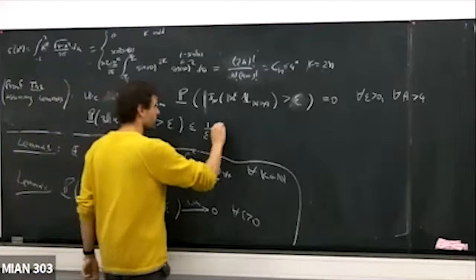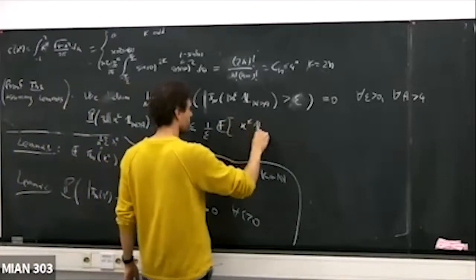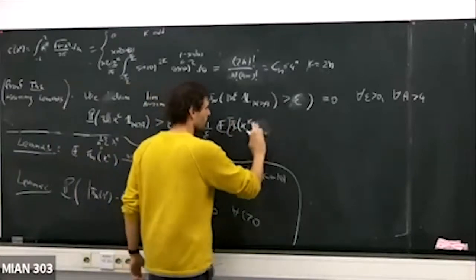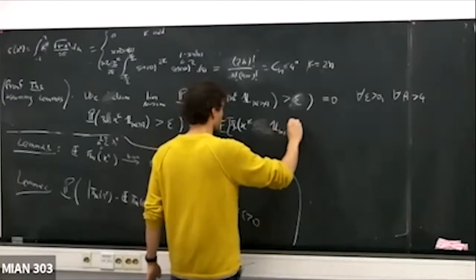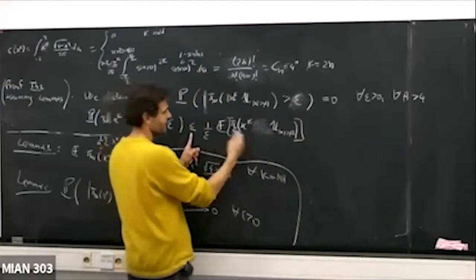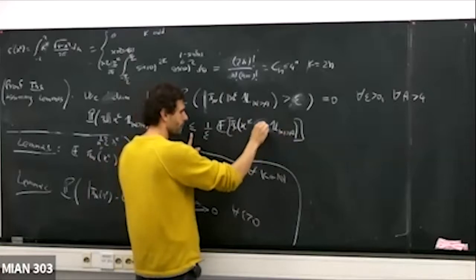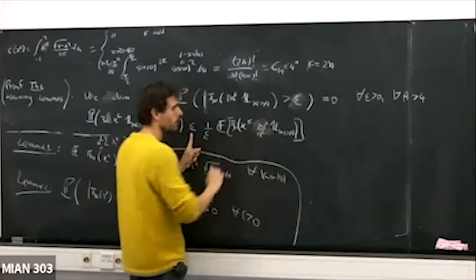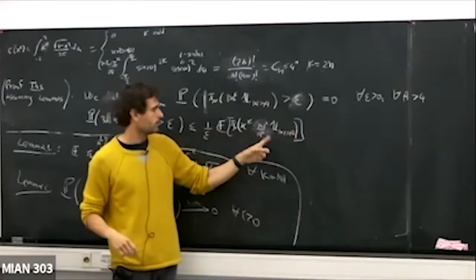So the expected value of x to the k 1 x is bigger than a. Now I can make it smaller or equal, since this function is 0 when x is less than a. If here I put x over a, or x to the k over a to the k, because a is bigger than 1, it's not important.